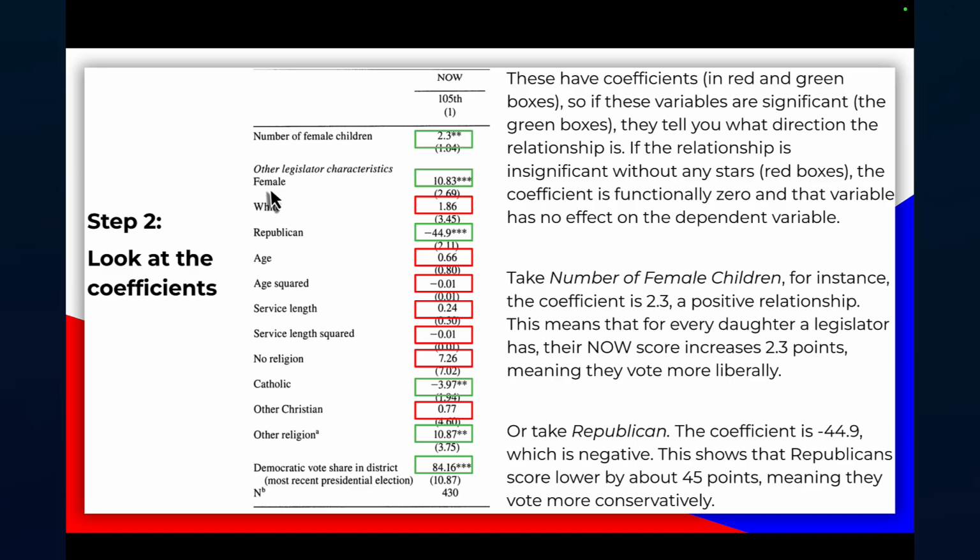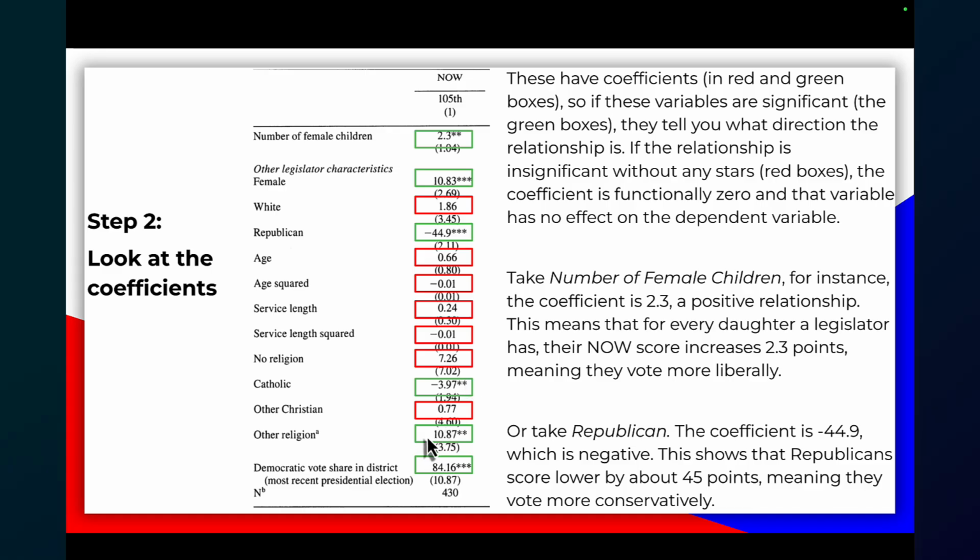So if the legislator was a woman, they had a liberal NOW score that was about 11 points higher than a man. If a legislator was Catholic, their liberalism score from NOW was about 4 points lower, this negative 3.97 here, than legislators who were not Catholic.